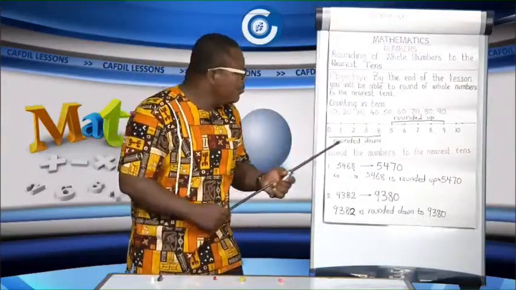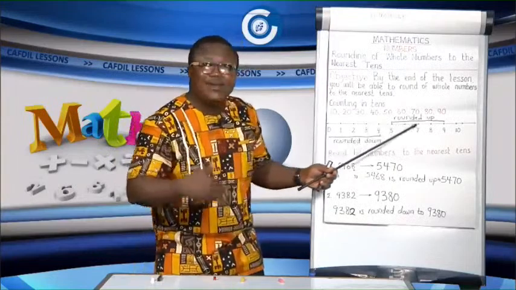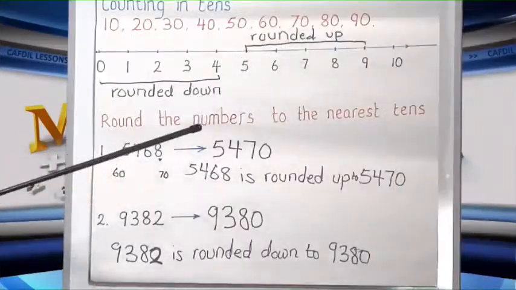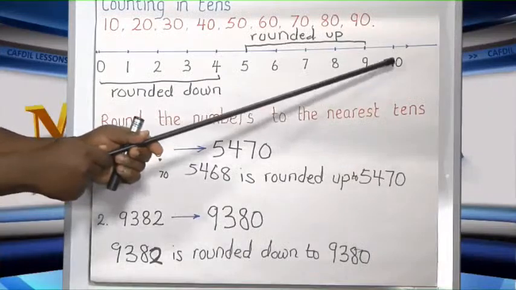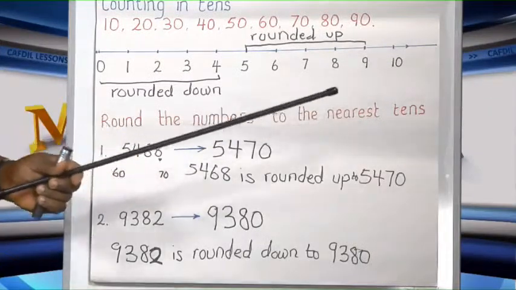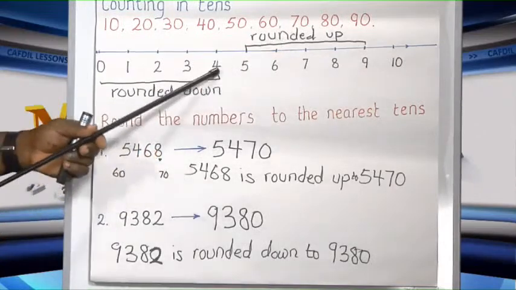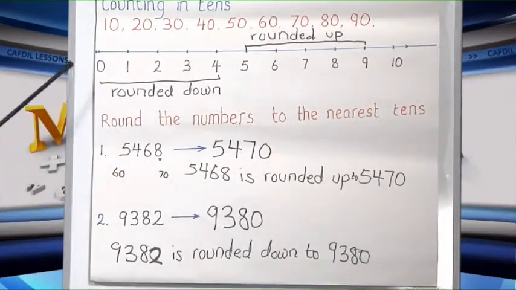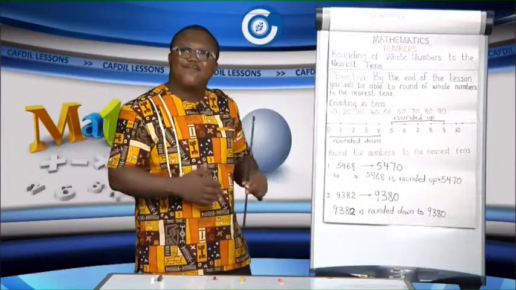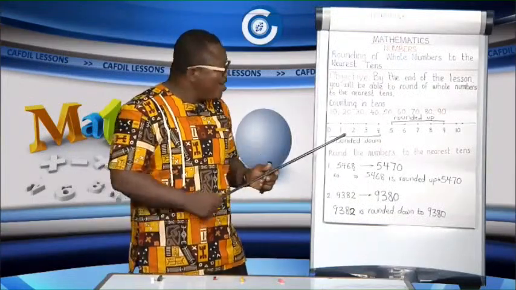When you do that, at least when they want to round it up, you are getting closer to 10. But when you get numbers like this, then you are far away from the number. So today, we looked at this.